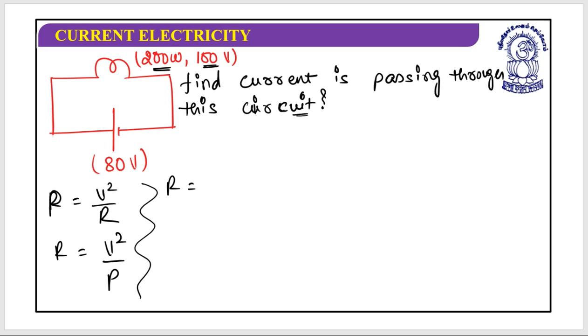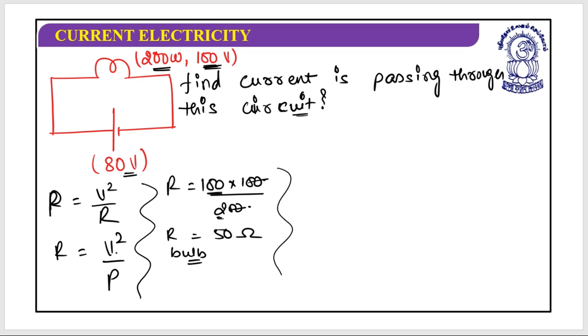It is not 80 volt, this is 100 volt, because this is the voltage rating of the bulb. So 100 into 100 divided by its power rating, which is 200. So this 2 has gone, 100 by 2, which is 50 ohm. This is the resistance of the bulb. I hope this is clear.